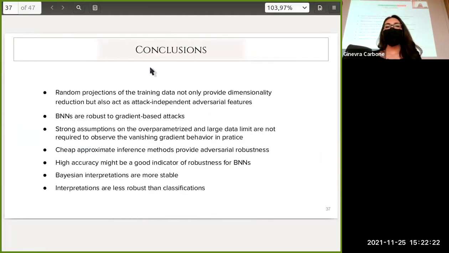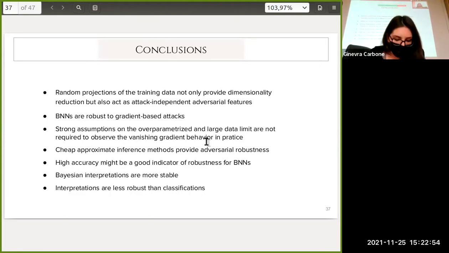So this concludes the presentation. Let me just do a recap of what we saw. We started from random projections of the training data and showed how they are not only a dimensionality reduction technique with all the computational benefits, but also are able to catch some attack-independent adversarial features. Then we saw how BNNs in this theoretical limit are robust to gradient-based attacks.